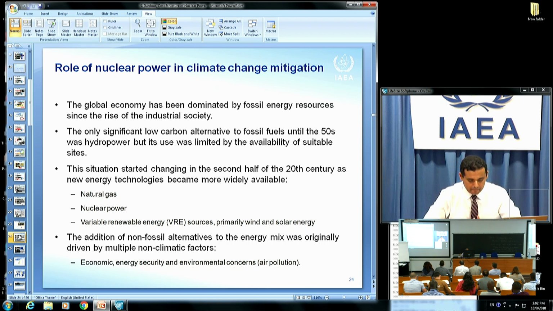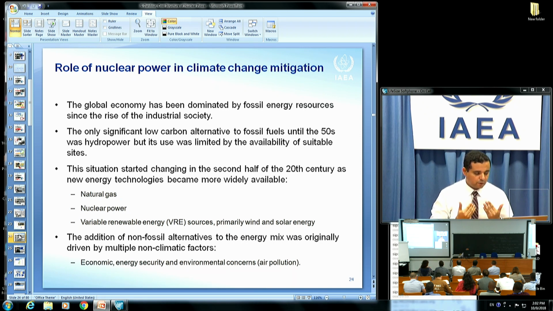So basically, nuclear is one of the energy sources that emits the lowest volumes of CO2 and pollutants. But when nuclear power was initiated, let's say in the middle of the last century, this was not the objective of developing nuclear or hydropower.